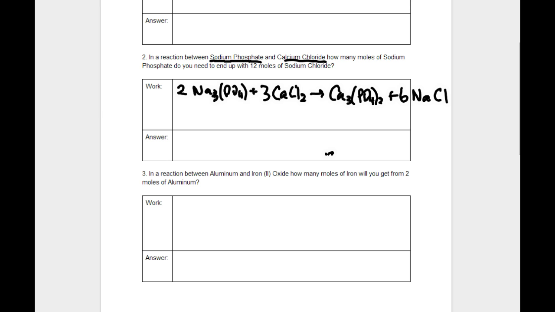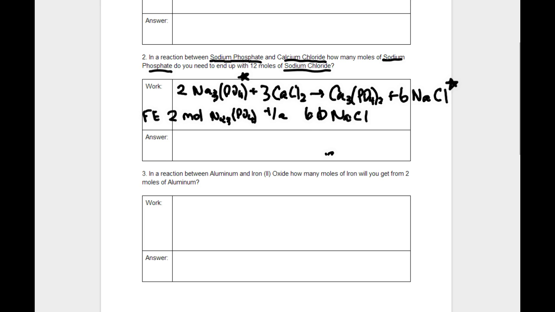So let's see the question again. How many moles of sodium phosphate would you need to end up with 12 moles of sodium chloride? So what we're looking at are these two molecules and the relationship between them. So first thing, we're going to see for every statement. So for every 2 moles Na3PO4, there are 6 moles NaCl.